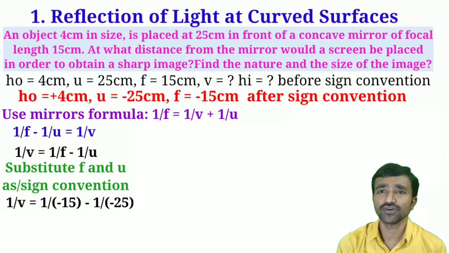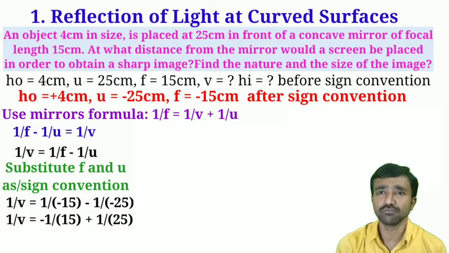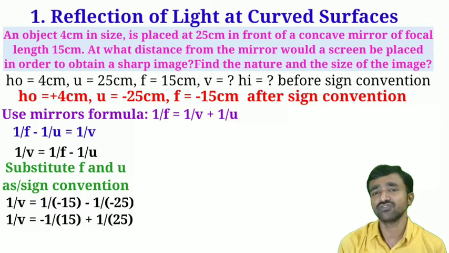Then first of all, the denominator symbols transpose to the numerator, and if any product is there, multiply it. In the second fraction we have two signs that we take as a product, so minus into minus becomes plus. So we will write minus 1 by 15 plus 1 by 25.